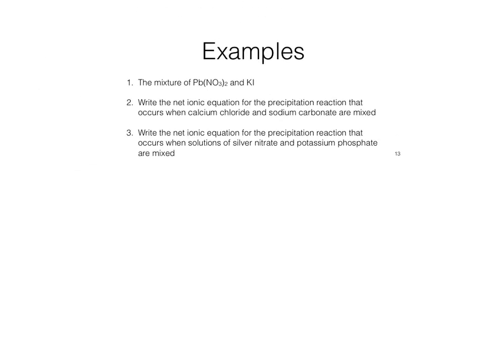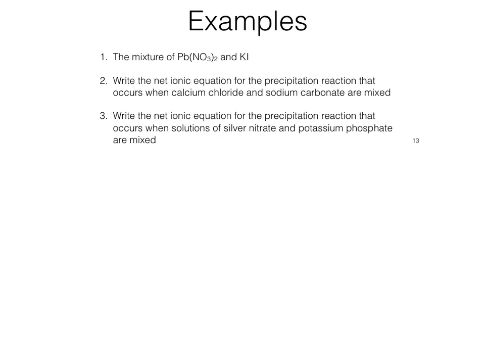Okay, so this is going to be a little busy. I will do 2 of these, and you should attempt the 3rd. So first, we're going to talk about the mixture of lead nitrate and potassium iodide. So here's our starting material.